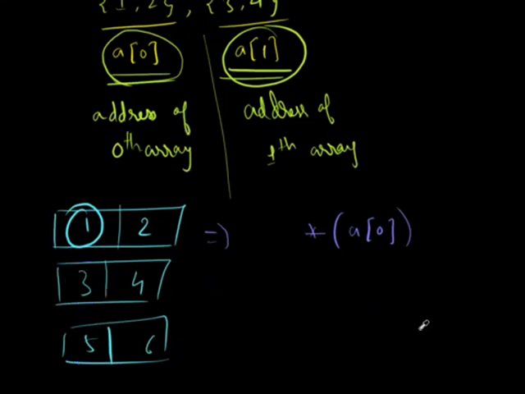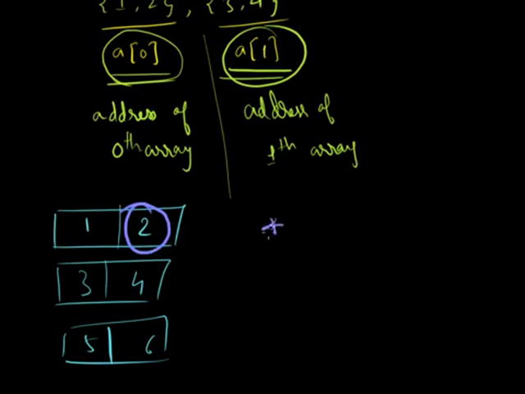Okay, let us clear this up and try to determine the value. How do we determine the value of this element, the second element in the first row? So value of A0, that is the 0th row, and for the column we have to increment our pointer to the next address.